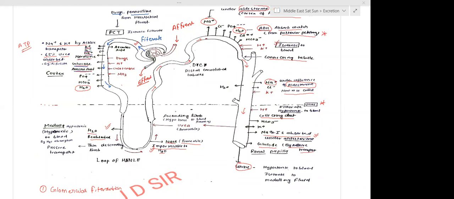Yes, sir. So the next process is micturition. What is micturition? Micturition means the removal of urine from the body. That process is called micturition. How does micturition take place? Look, so put the next heading.